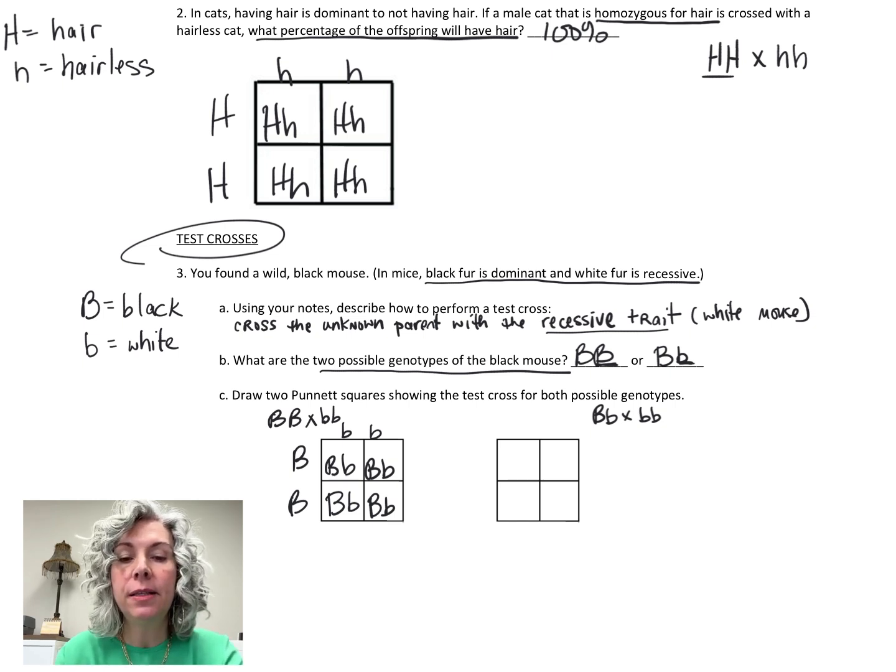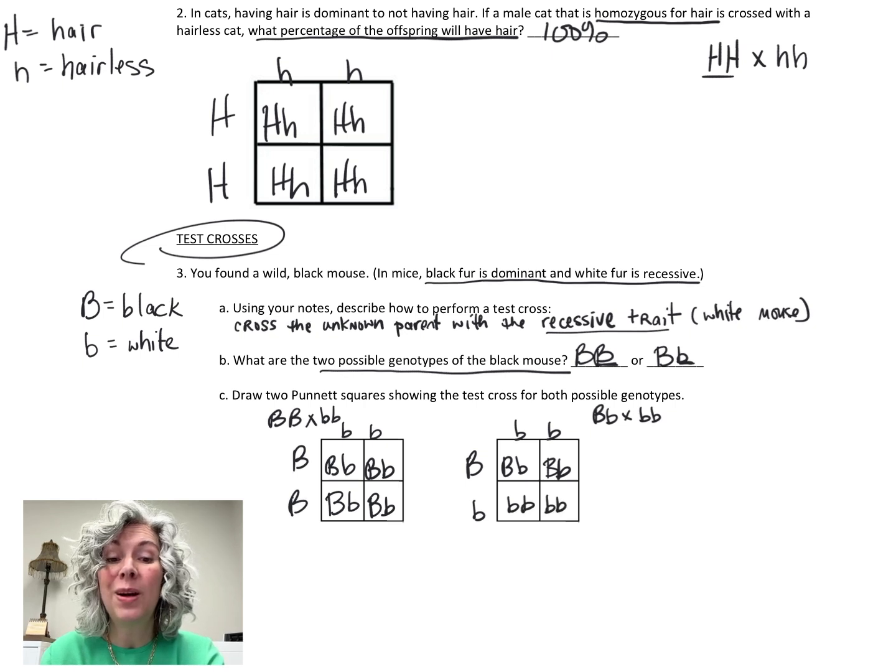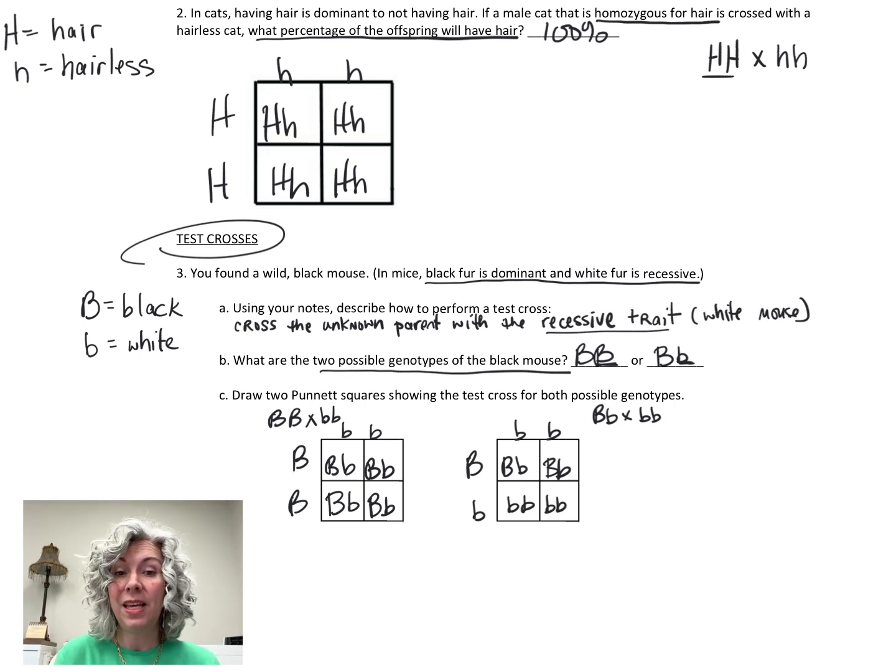Okay, let's do the second option. If the parent happens to be heterozygous and a carrier of the white trait, guess what's going to happen? About half of those babies are going to be what? White. Okay, so this is a test cross. We cross our unknown with the recessive, and then we examine the offspring.